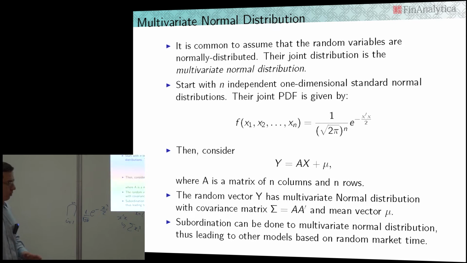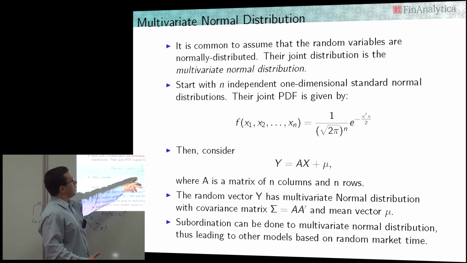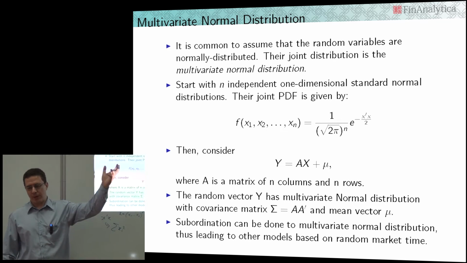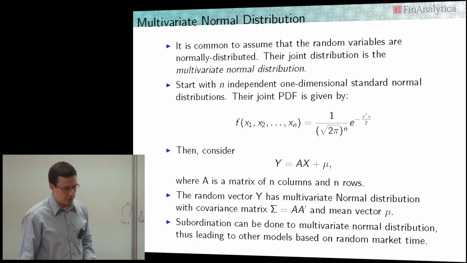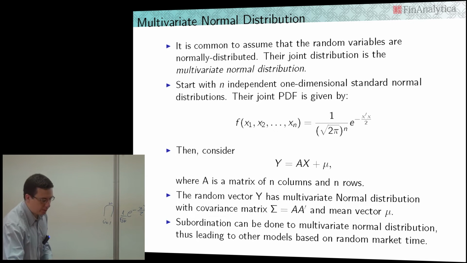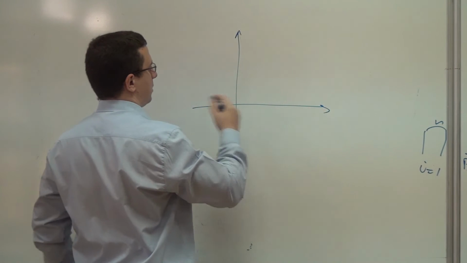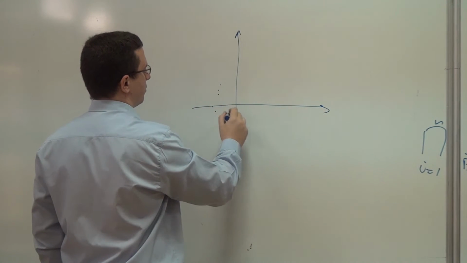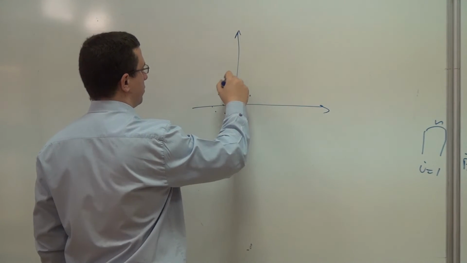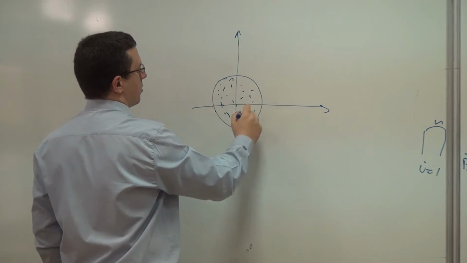So you have this multivariate, but formed out of independent identically distributed normal variables. And this would be in a two-dimensional space, for example. Outcomes of this variable would form some cloud which would be spherical around 0, and so on and so forth.